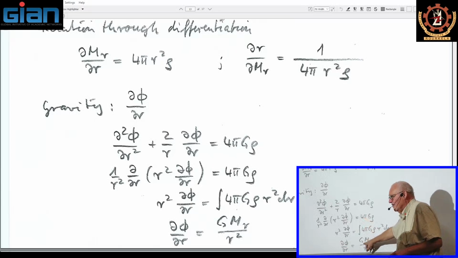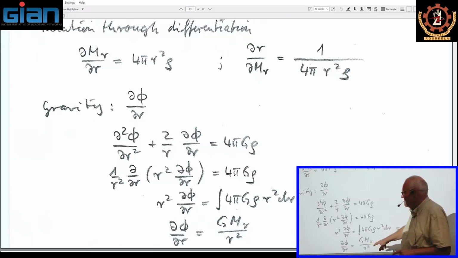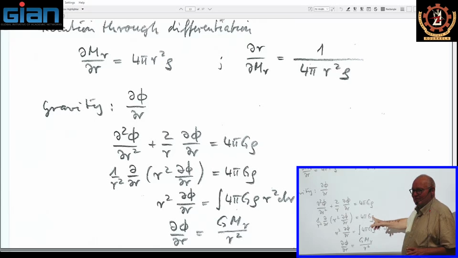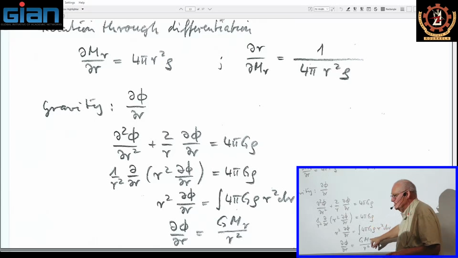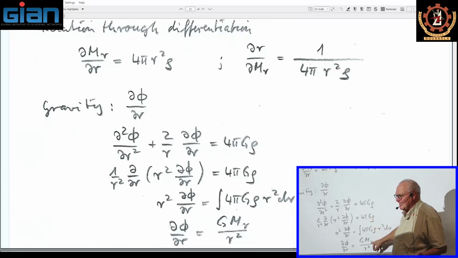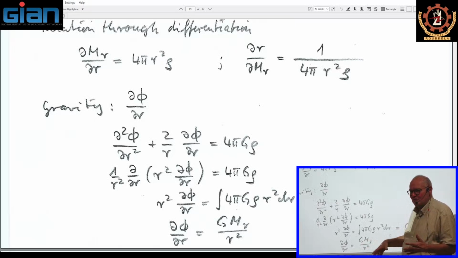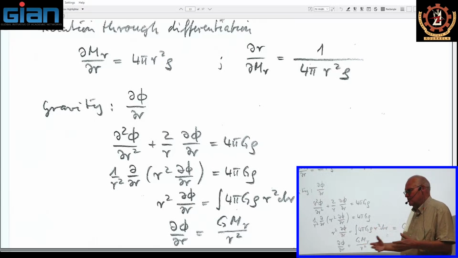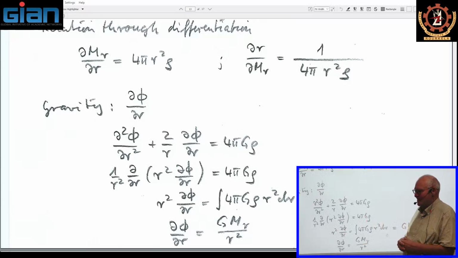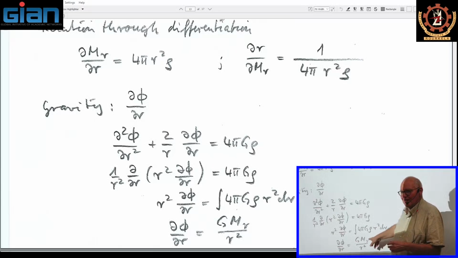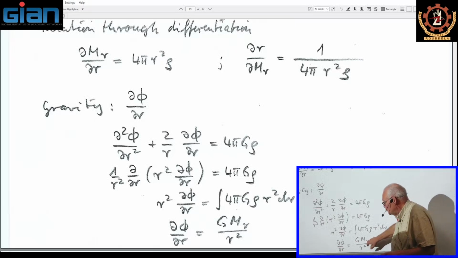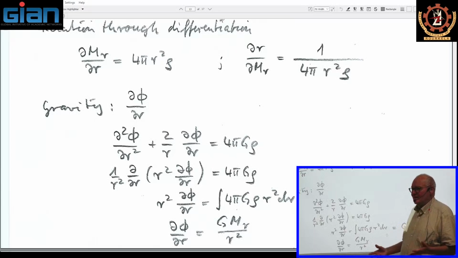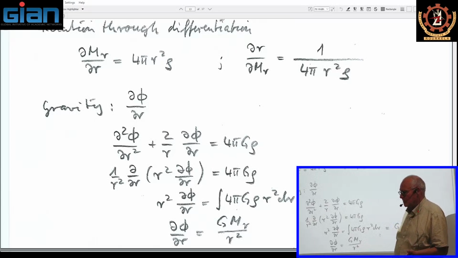So m_r, in the Eulerian sense, is an integral, and it's difficult to deal with. Here in the Lagrangian sense, it's one of the variables. The Lagrangian way is just avoiding this integral and avoiding an additional integration. This is one of the advantages of going to the Lagrangian picture and choosing the mass as an independent Lagrangian variable.